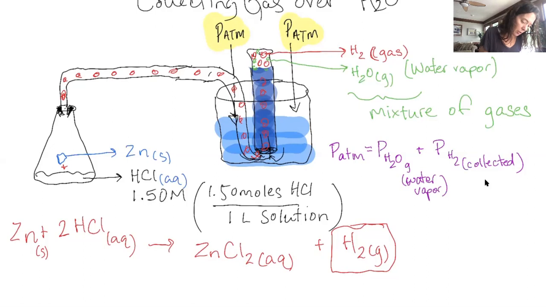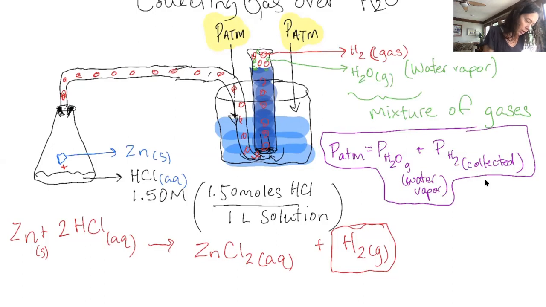Now, in order for this equation to actually be true, I would like to say that this level of water here needs to be level with this level of water there.